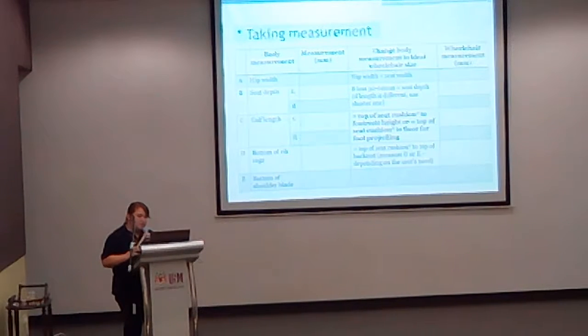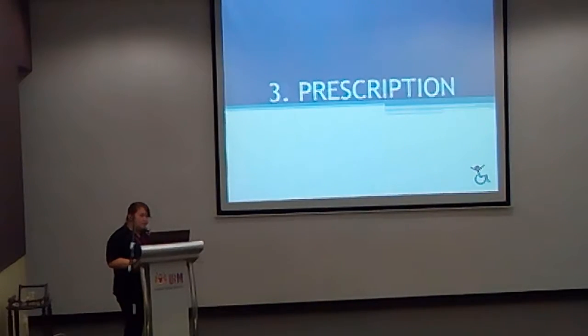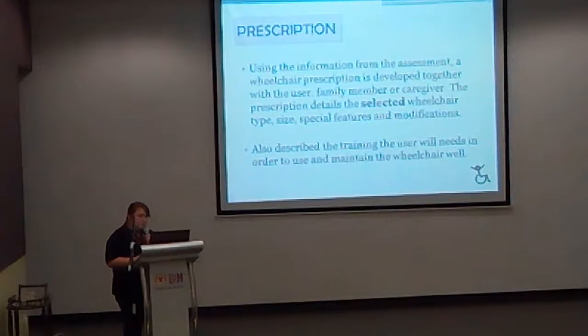And then using the clipboard kan untuk measure. Lepas ni kita akan demo lepas ni. Okay, and then we go to prescription, the third step. Okay, the prescription means how we select the wheelchair. After you get all the information, how you select the wheelchair according to the type, size, and special features and modification. Okay.